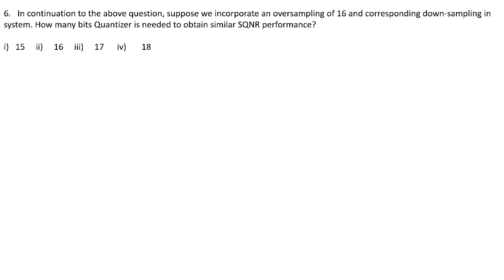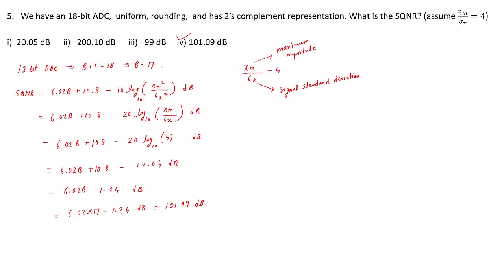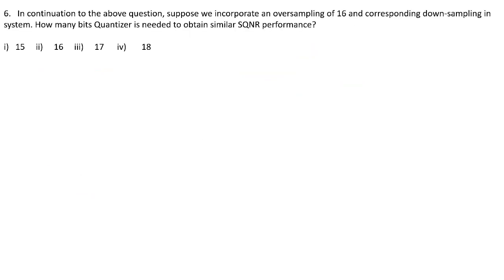Here basically we are employing a multirate-DSP framework of upsampling and downsampling in order to reduce the number of bits in the quantizer without any performance loss, because we need to have similar SQNR performance, that is the value of SQNR we just found to be 101.09 dB, that will remain intact.